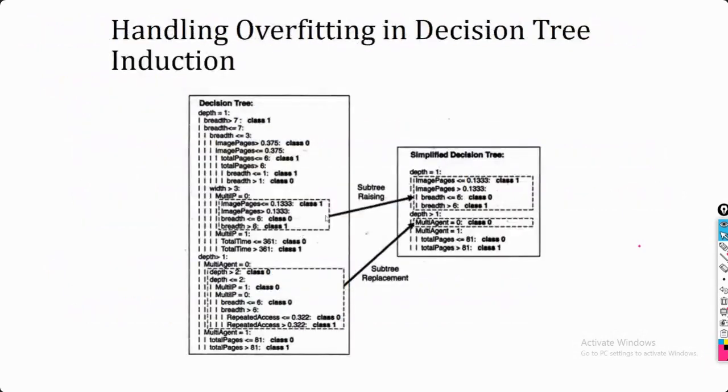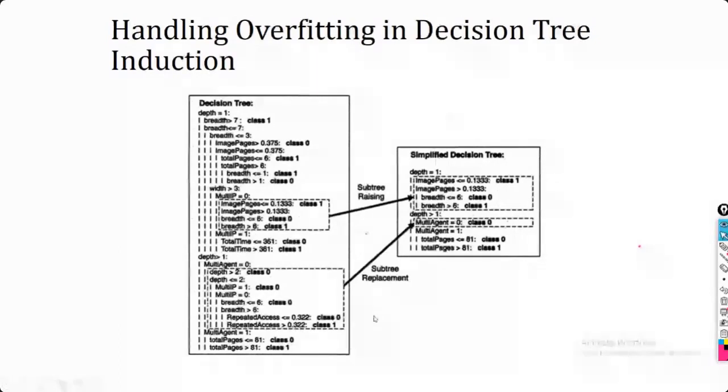Suppose this is one node and these are its branches. In subtree raising, you take one of the branches and place it up, instead of using all three.